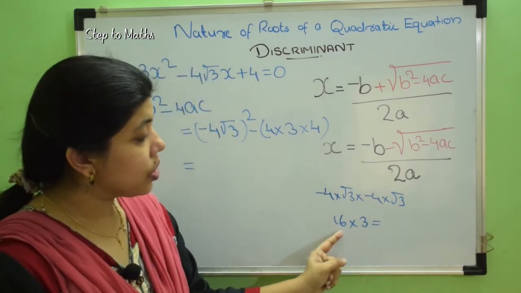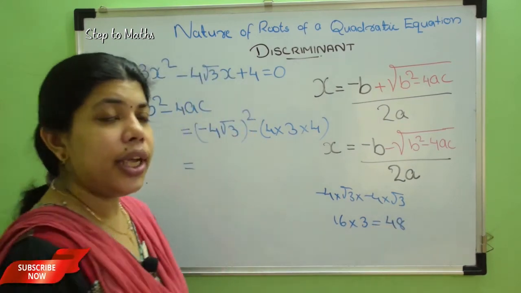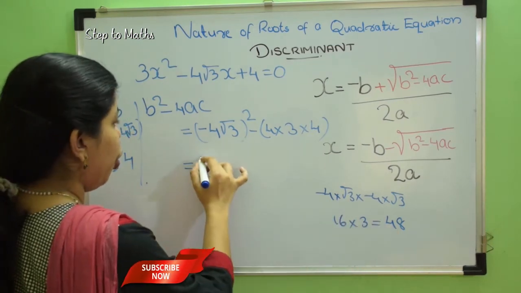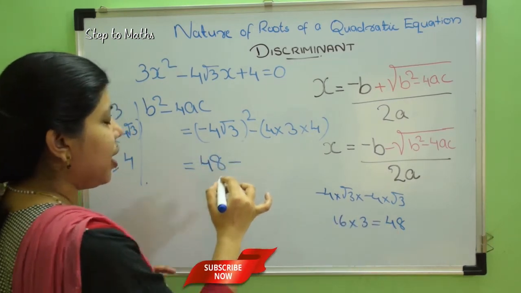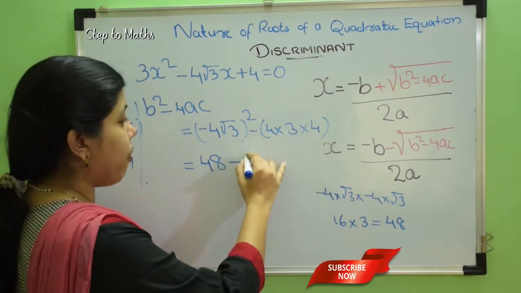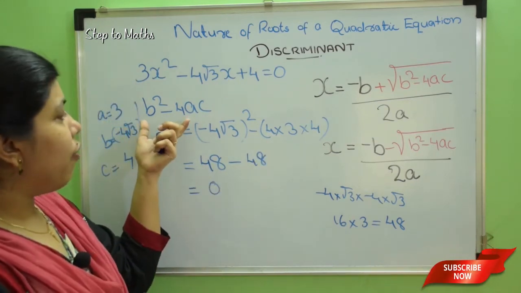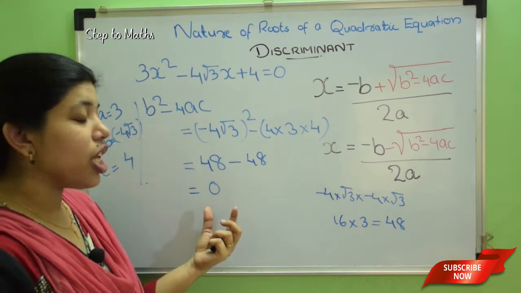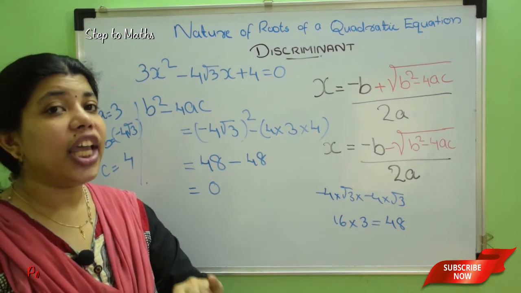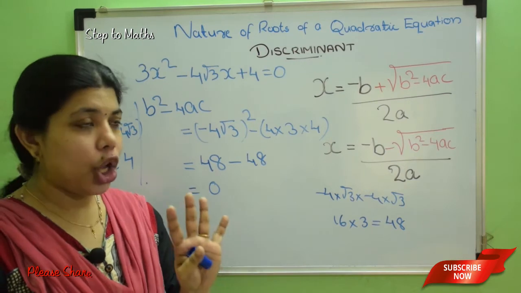That means 16 into 3, which is equal to 48. So (-4√3)² is 48, minus 4 into 3, 12, 12 into 4, 48, equal to 0. That means the value of b² - 4ac is equal to 0, which indicates that the roots are equal: two equal real roots.